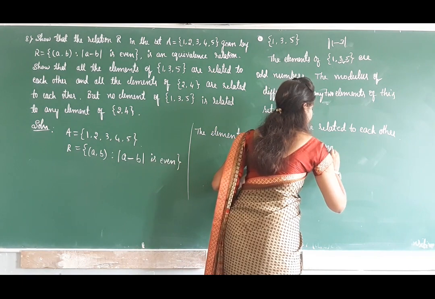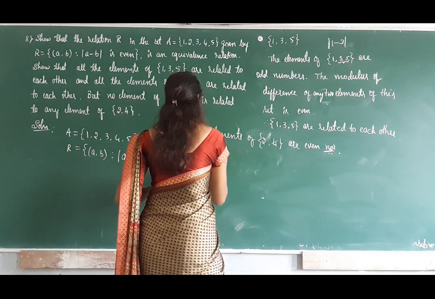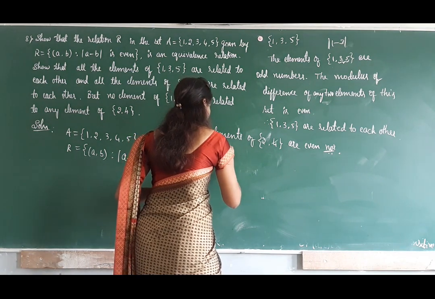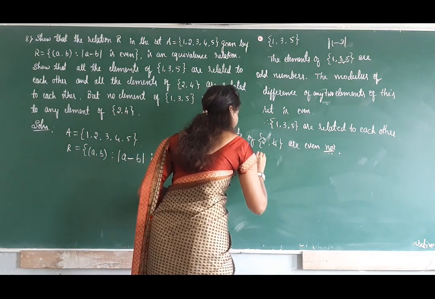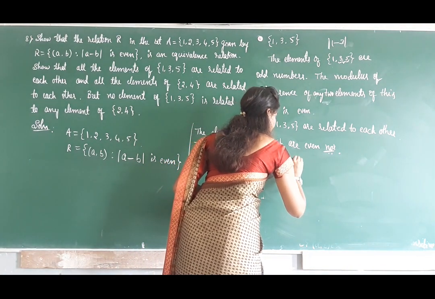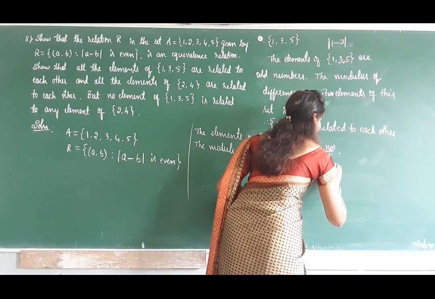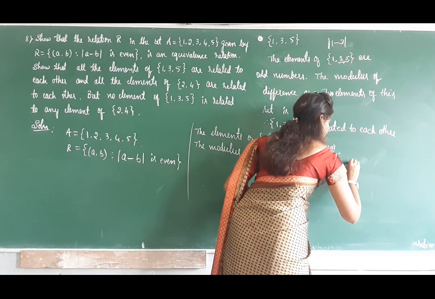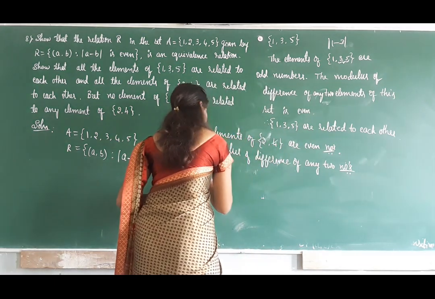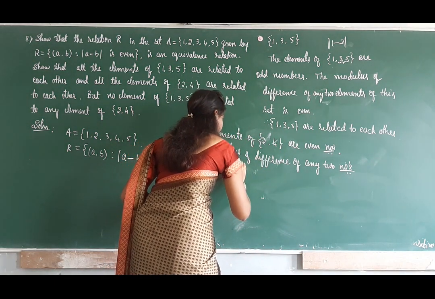Right? Those elements 2 and 4 are even numbers. The modulus of the difference of any two numbers of this set is even.